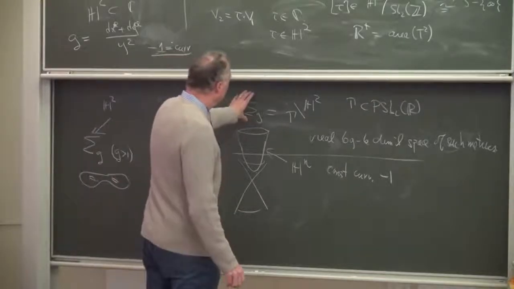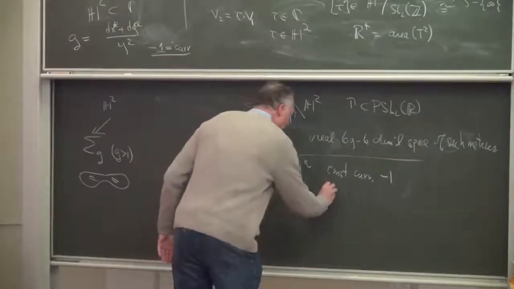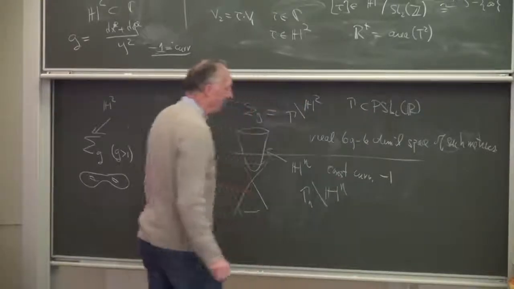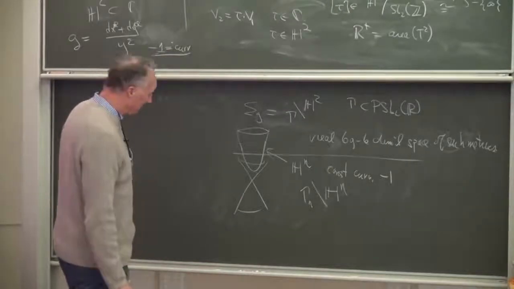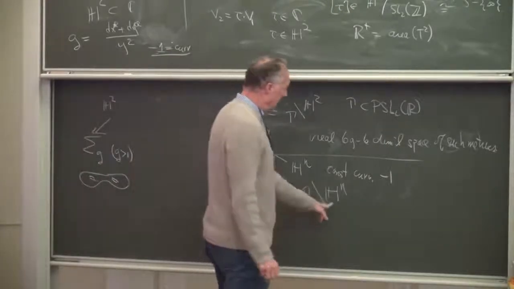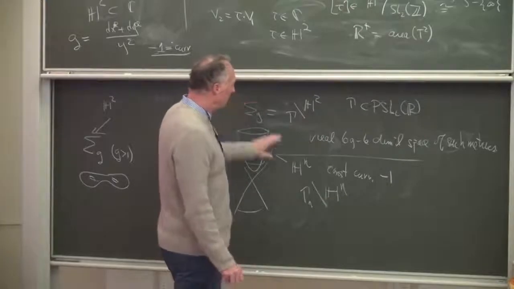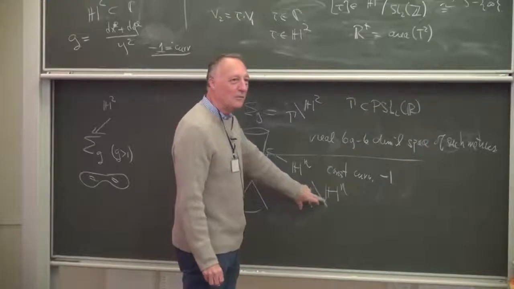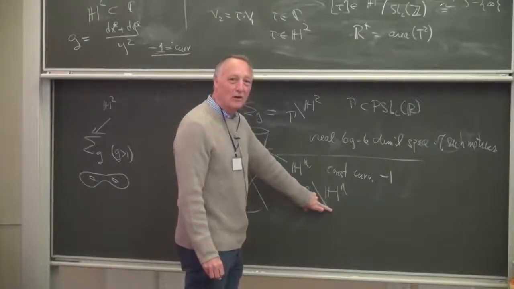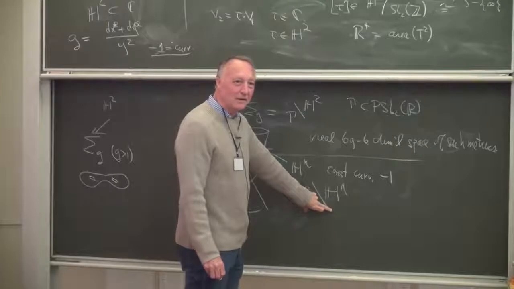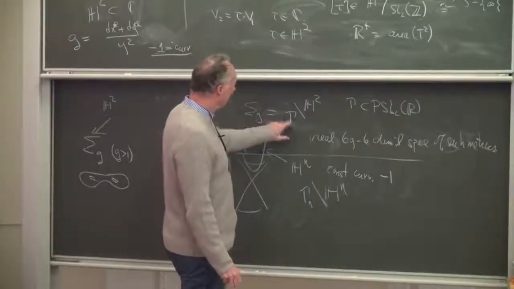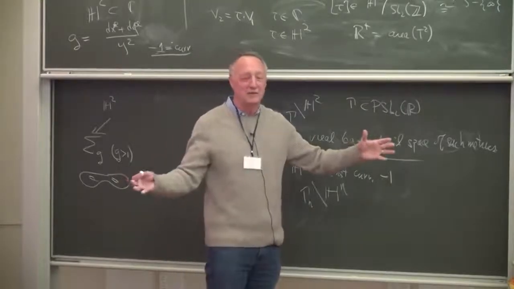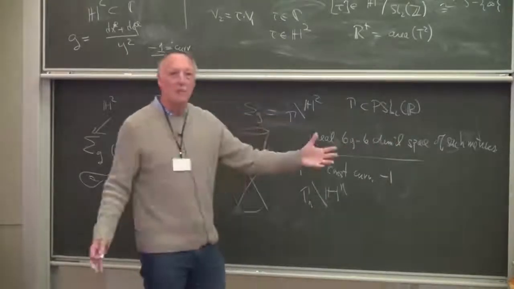Analogous to what you do for surfaces, one can form hyperbolic manifolds in higher dimension by dividing out by discrete torsion-free subgroups. Unlike this case, once n is at least 3, the group completely determines the geometry. This is called Mostow rigidity. So in the case of surfaces, we fix the fundamental group of a surface of genus G, and we have a 6G minus 6 dimensional space of these hyperbolic metrics.